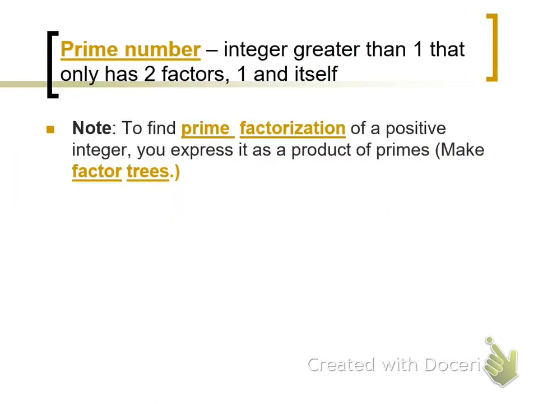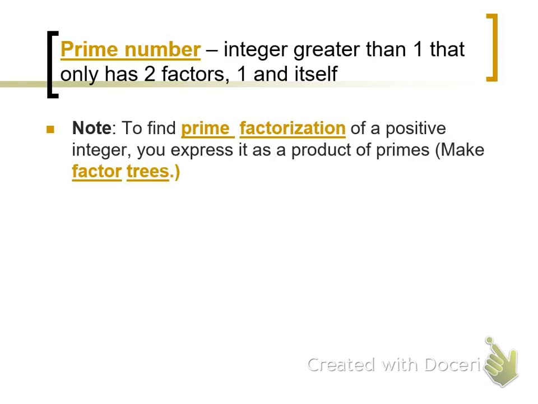A prime number is an integer greater than 1 that only has 2 factors, 1 and itself. So we should be filling in that definition. Notice that it has to be greater than 1, which means 1 is not a prime number. To find the prime factorization of a positive integer, you express it as a product of primes.